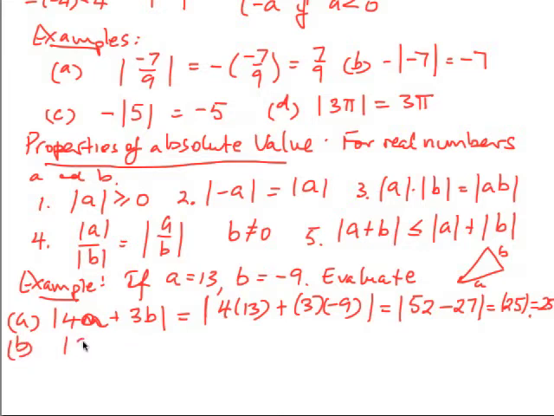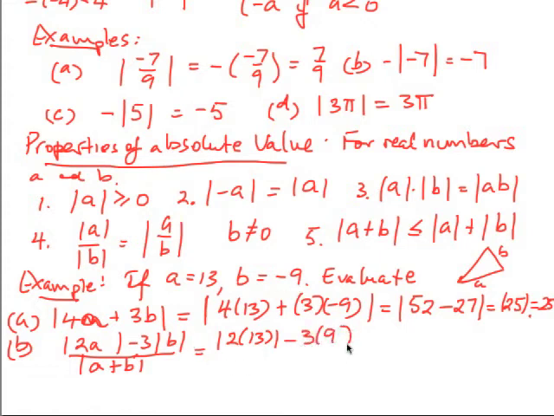Okay, let's do part B. Let's suppose I have the absolute value of 2A, minus 3 times the absolute value of B, over the absolute value of A plus B. This would be the absolute value of 2 times 13, minus 3 times, now the absolute value of B would be 9, it's positive, over the absolute value of 13 plus -9.